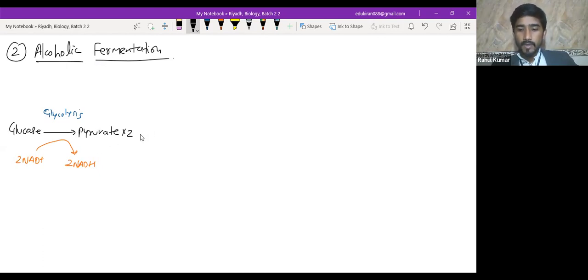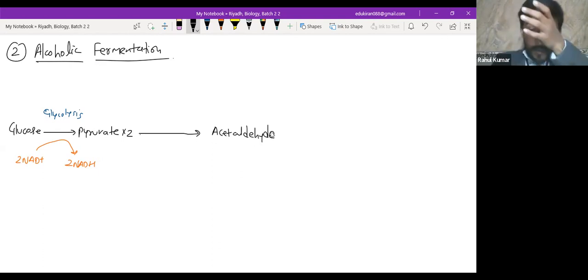Now, this pyruvate, which is 2 pyruvates, first, write down, converts into acetaldehyde. Now, what is acetaldehyde? It's aldehyde. It's clearly like the functional group is aldehyde, right? So we are converting an acid. First, we converted a sugar to acid, a pyruvate, and then an acid to aldehyde. So can anyone guess the end?